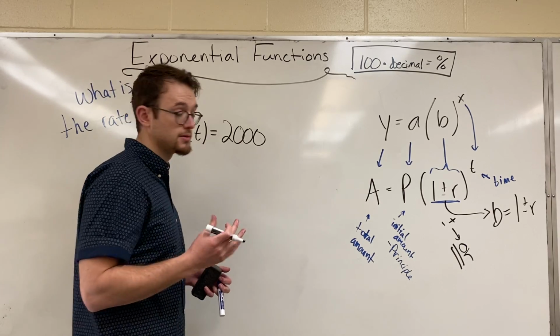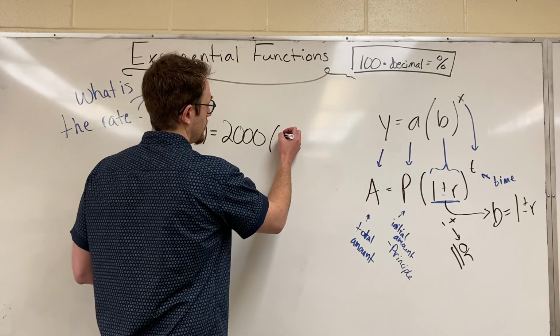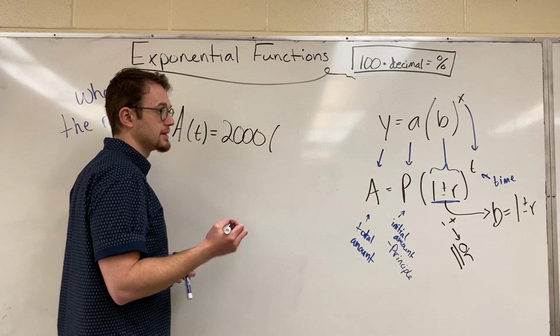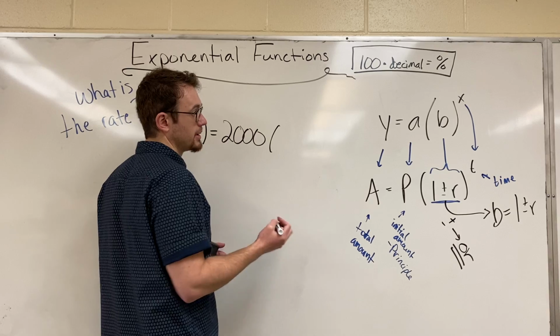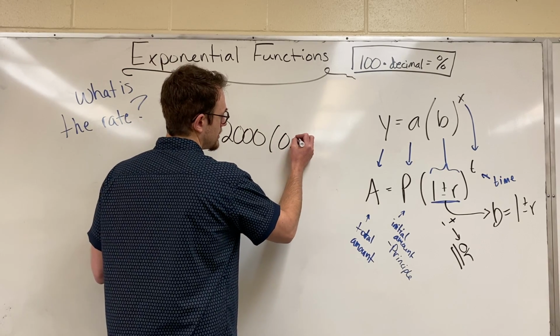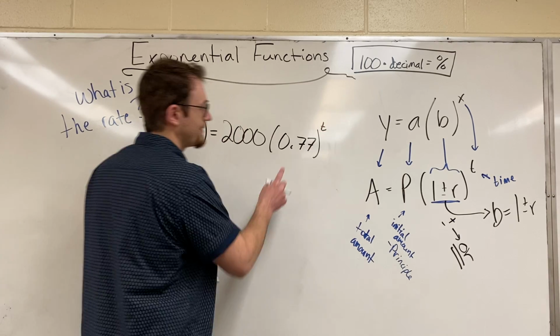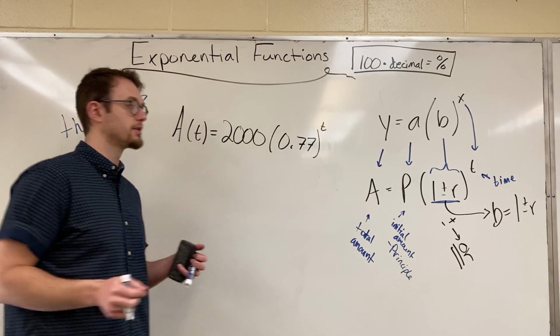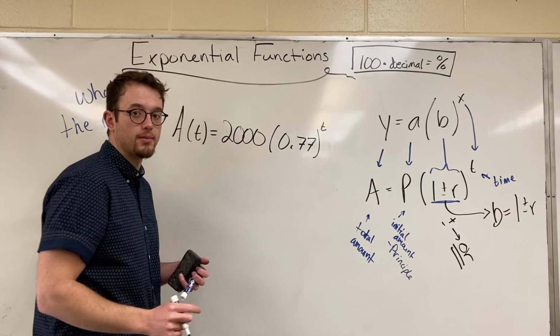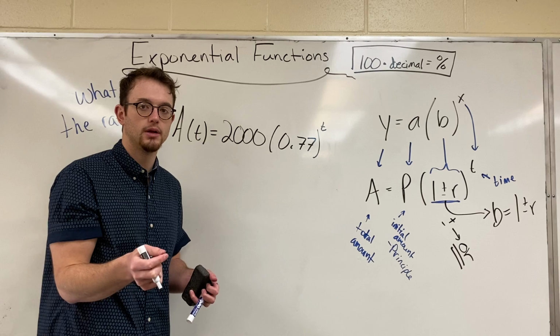Let's say you got 2,000. So they're decaying, so that needs to be less than 1, right? Your factor needs to be less than 1. So let's do 0.77. All right, if I have a decay factor, that means that this will get smaller every time, because my decay factor is between 0 and 1.